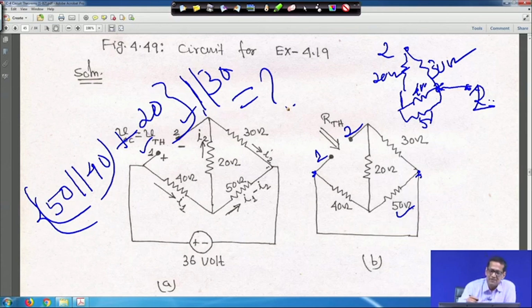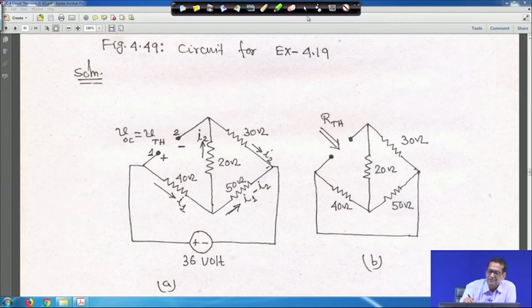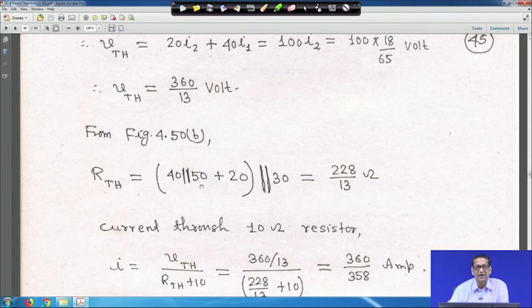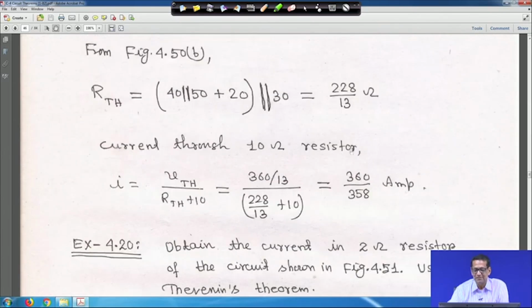So let me clear it. What I have done here is the same thing: 40 and 50 are in parallel, with that 20 in series, and along with that the 30 ohm again in parallel. So it will become 228 by 13 ohm.